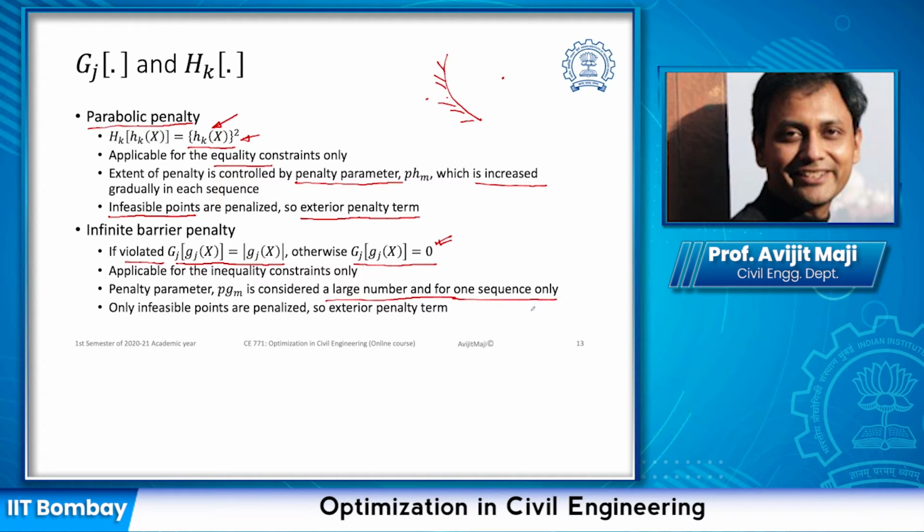So if you are using the infinite barrier penalty, we do not need to change the penalty parameter in every sequence or every iteration. So in that case, the objective function is going to remain. And if you look carefully, only the infeasible solutions are going to be penalized. So again, this is for the exterior penalty.